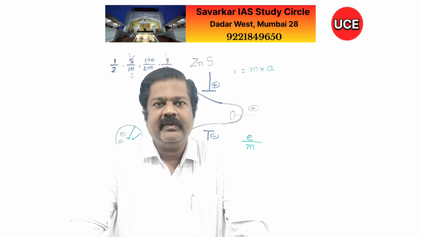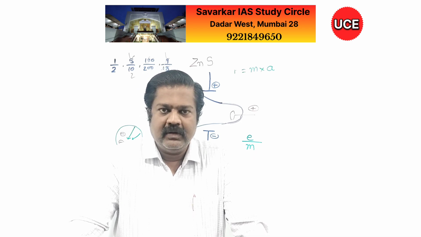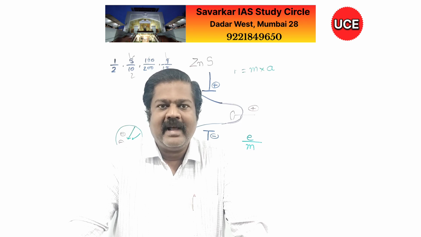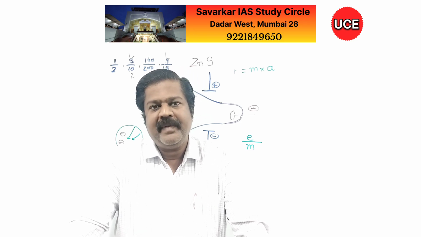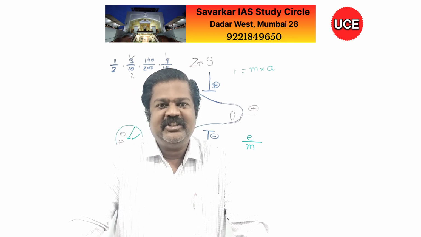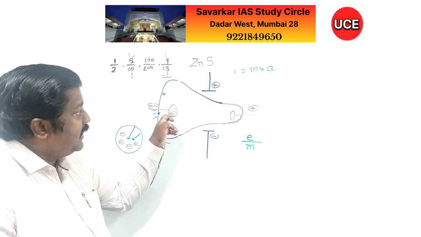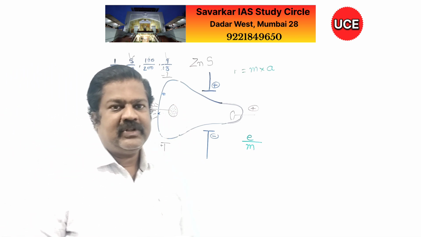This way there was the discovery of the proton, another subatomic particle. Later on, the rays were called anode rays, then channel rays or canal rays, because channels are made by the perforated cathode. So these names were given.